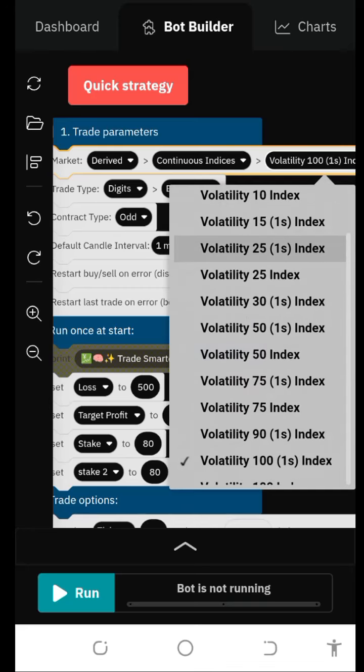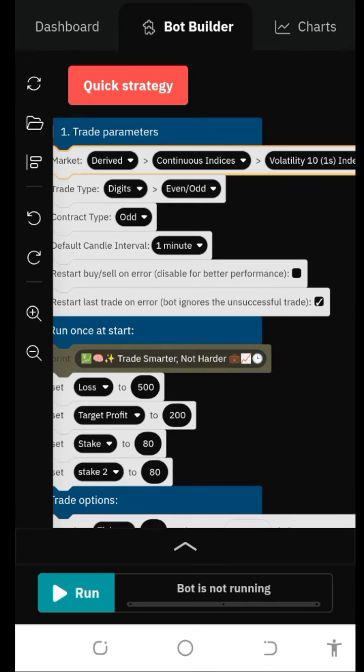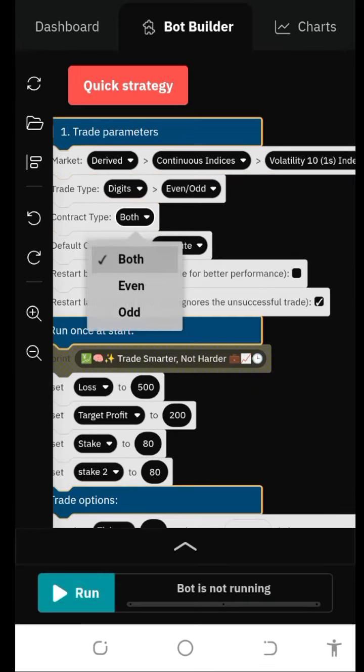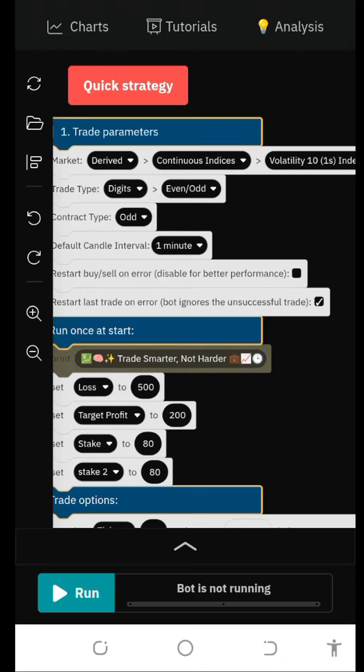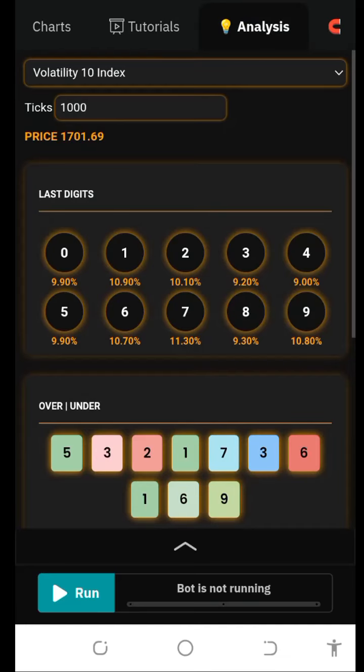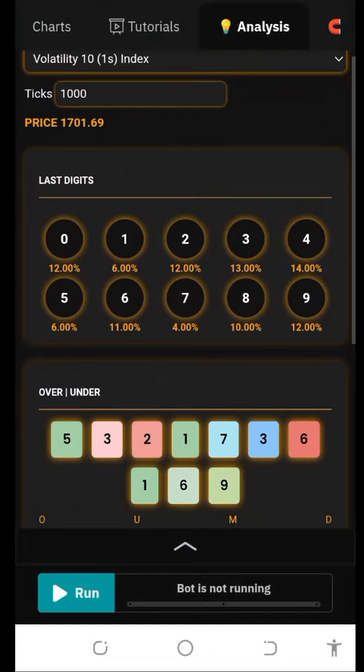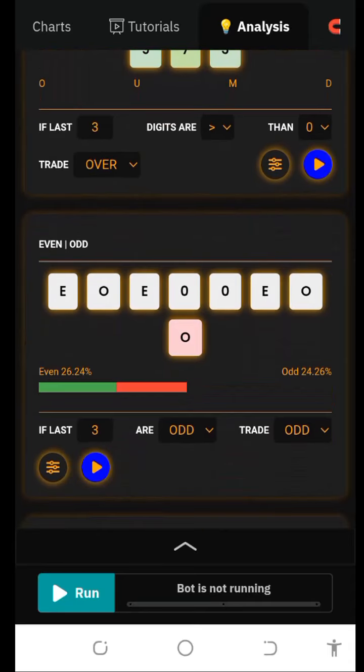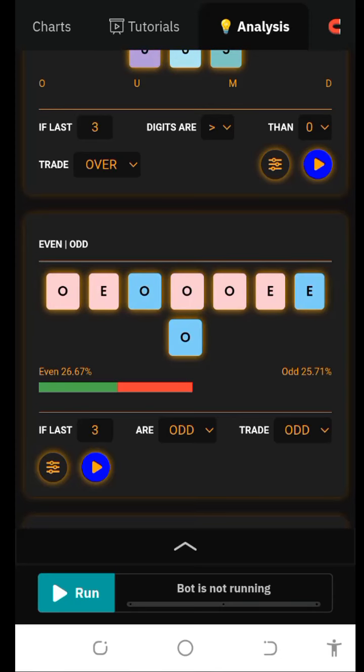So we come back to our bot, 10 (1s), and then we wait for the entry. Now we are looking for the entry, and since we are trading odd, we want 3 or more even to appear.